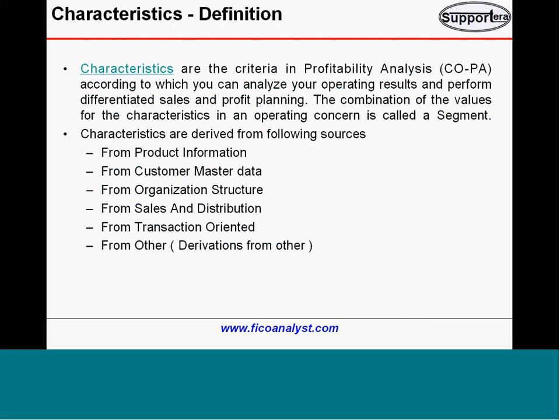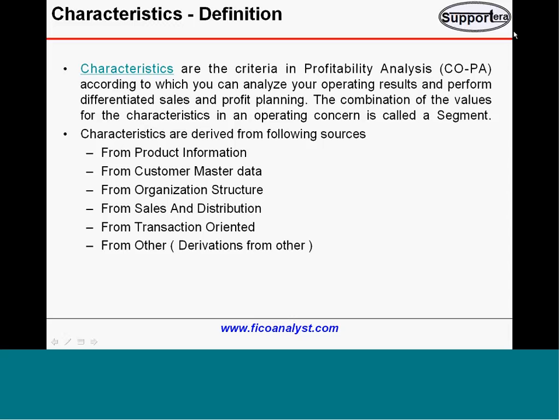Characteristics are criteria in profitability analysis according to which you can analyze your operating results and perform differentiated sales and profit planning, right? The combination of the values for the characteristics in an operating concern is called a segment, right?